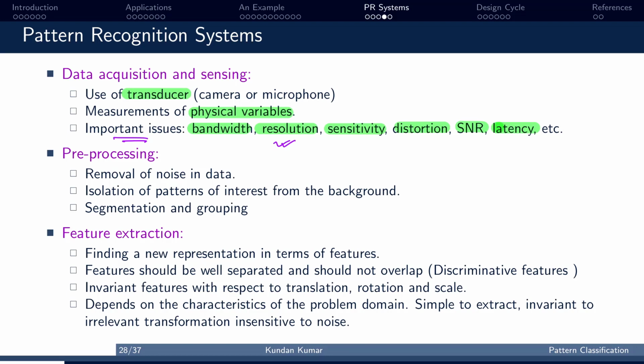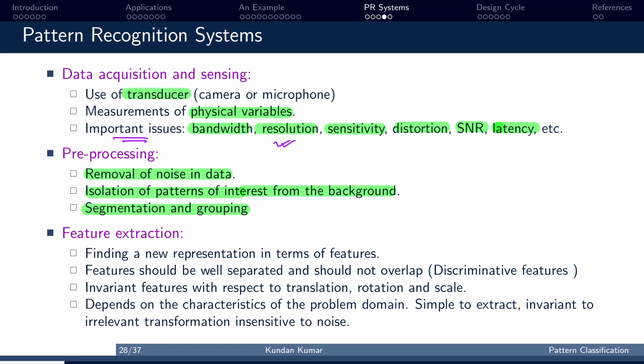That means we will remove the unwanted noise, and isolate the patterns of interest from the background. That means whatever the pattern of interest is, we have to suppress the background noise, and then we can have applications like segmentation and grouping.